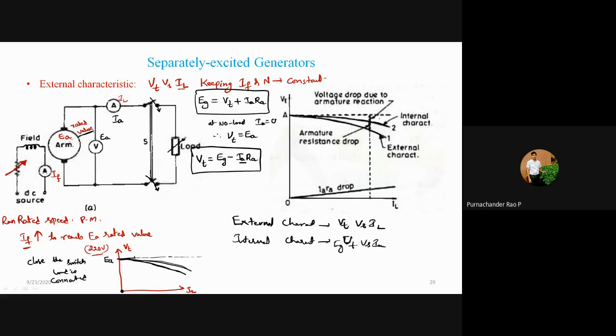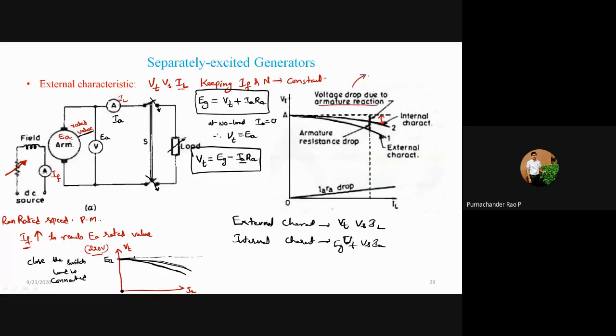So here there is a small drop in the voltage. This drop is due to the armature reaction. We have seen the effect of armature reaction.